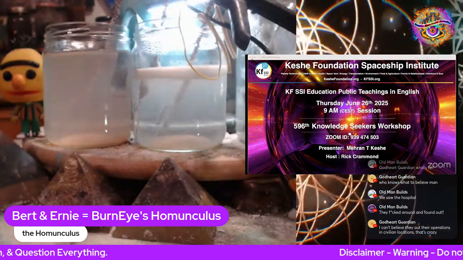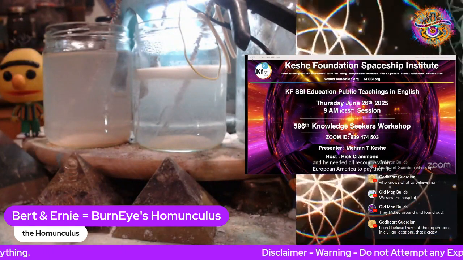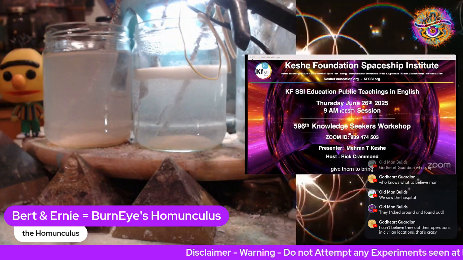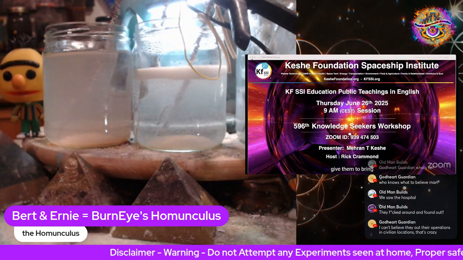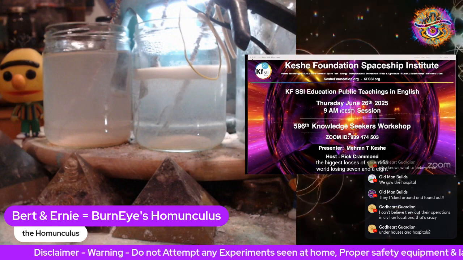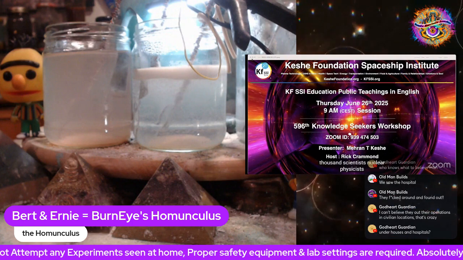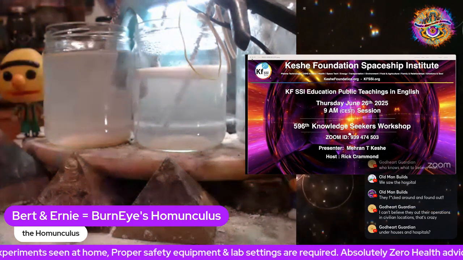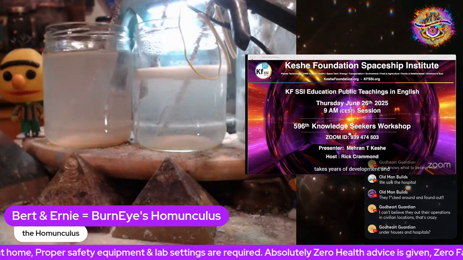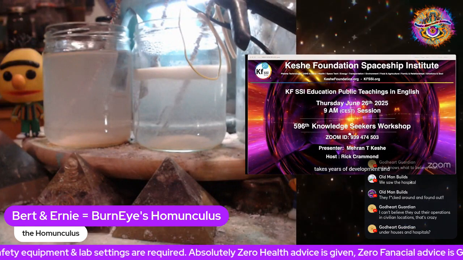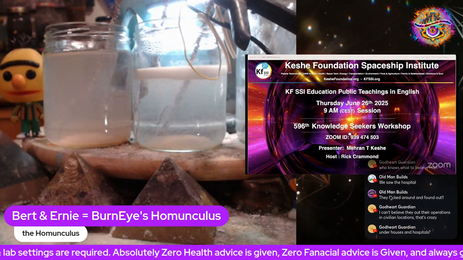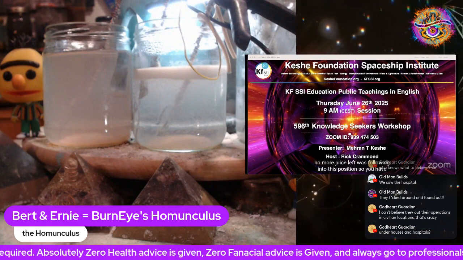And they need all the resources from Europe and America to pay them, to give them, to bring. The biggest loss is the scientific world. Losing 7,500 to 8,000 scientists, nuclear physicists, years of development. And there are no more Jews left who are following into this position. So you have a 40-year gap.